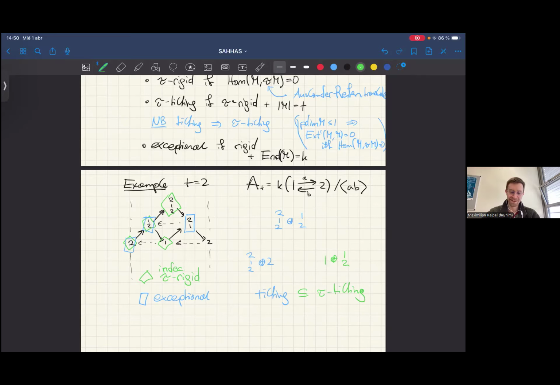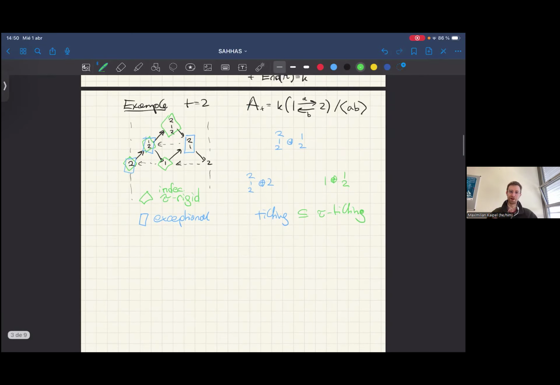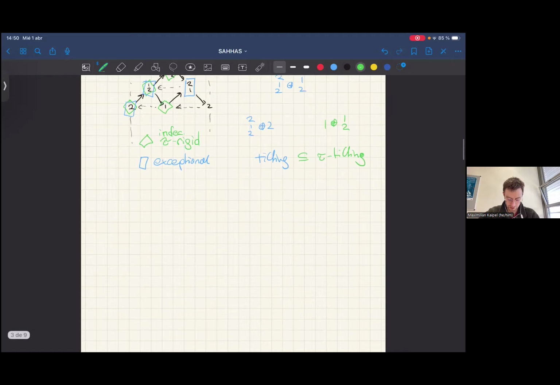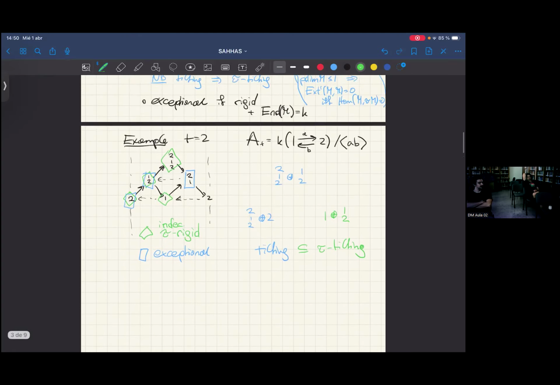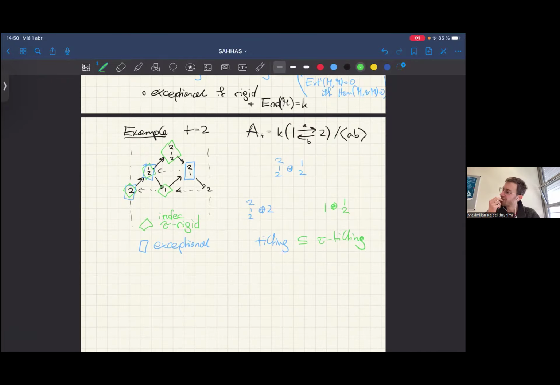If that is not the case, then let me continue with talking about the main players of this talk. These are tau tilting and exceptional sequences, and then it will become quite clear that these are very different kinds of objects a priori. I would like to make a comment. Yes. It's quite remarkable that in this already very small algebra, all the objects are different, right?